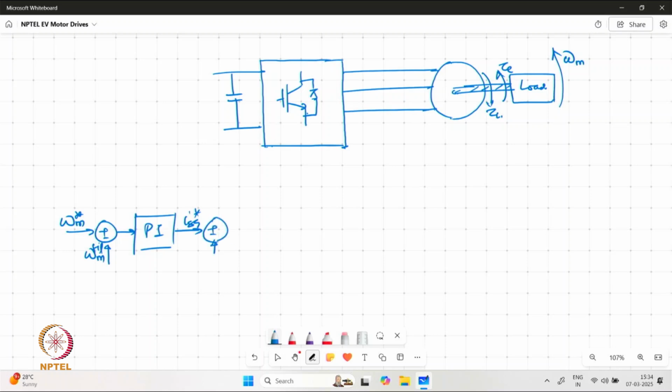We have the feedback for ISQ given to the current PI controller, which generates the signal that is corrected for the feed forward terms, and eventually we generate the reference for the Q axis voltage.